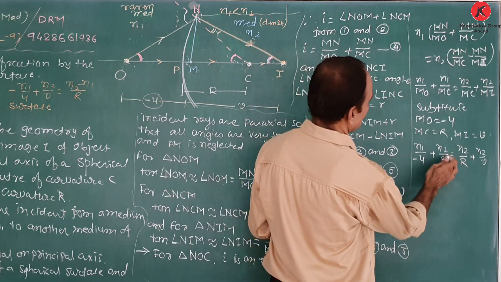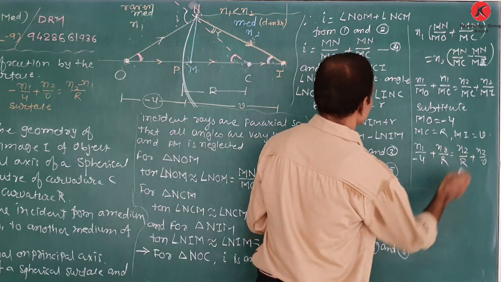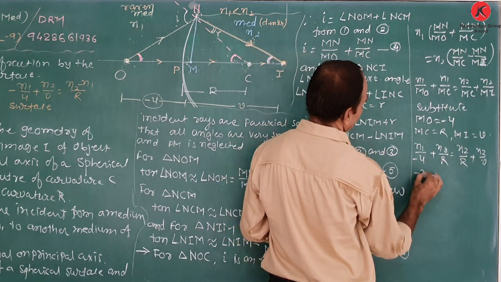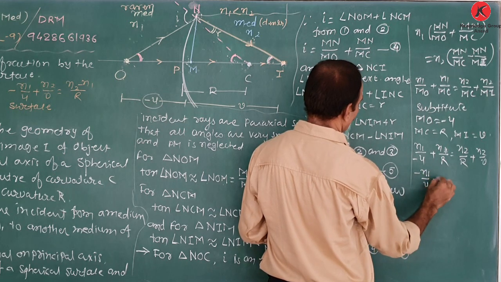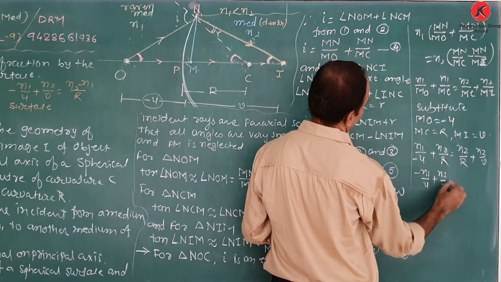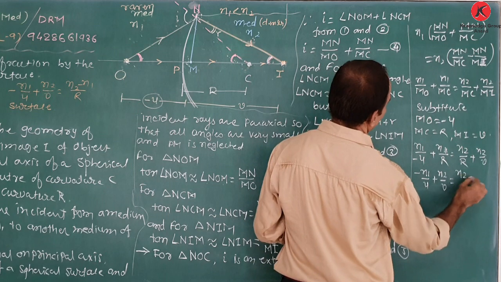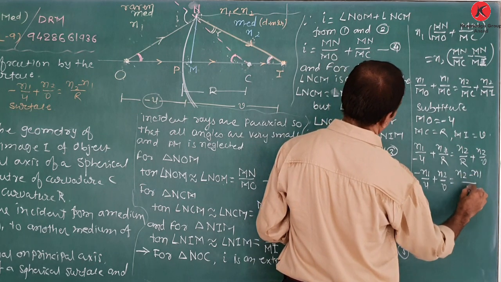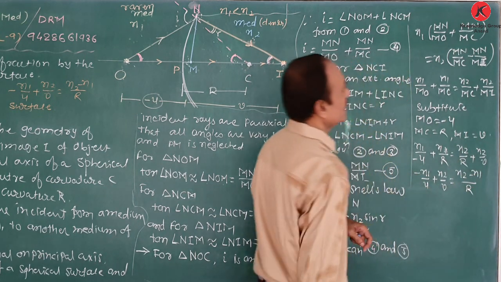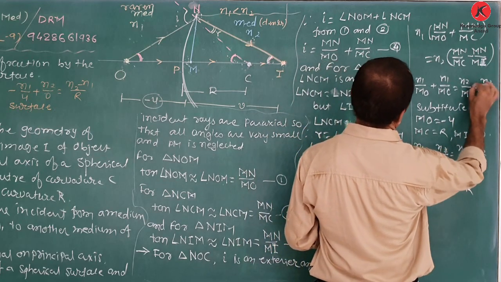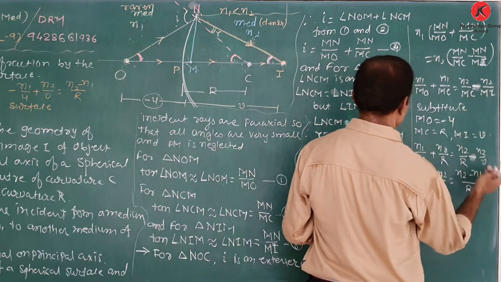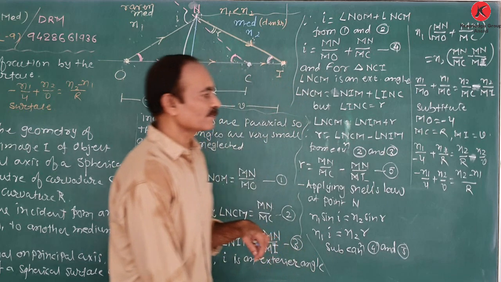Therefore, minus n1 upon u plus n2 upon v is equal to n2 minus n1 upon R. And here there is a minus sign already; it is taken to this side, and that becomes positive.